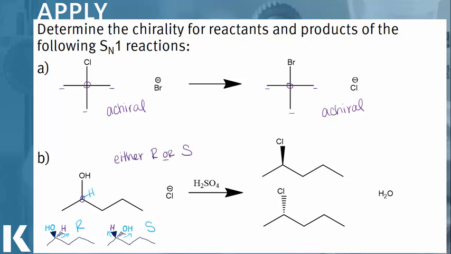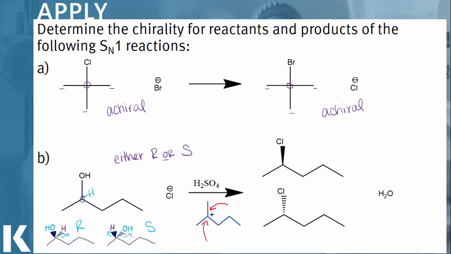Either way, our leaving group is going to leave, and we'll get our carbocation shown here. And our carbocation is planar. Remember, it's flat against your screen. As usual with an SN1 reaction, our nucleophile, the chlorine, could come from the back or it could come in from the front. And we get these products. Let's start with the one on the top.